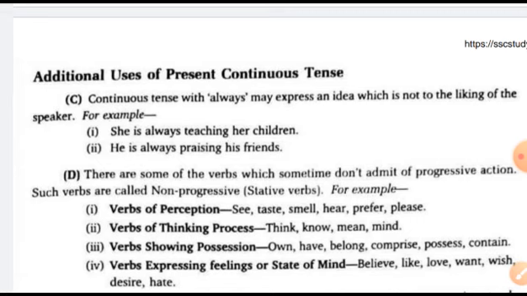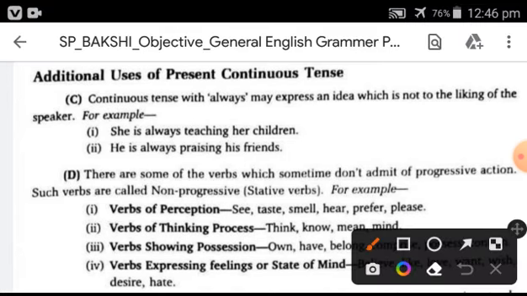What do additional uses mean? Additional uses means a few things that few people know about present continuous tense. What does it refer to?